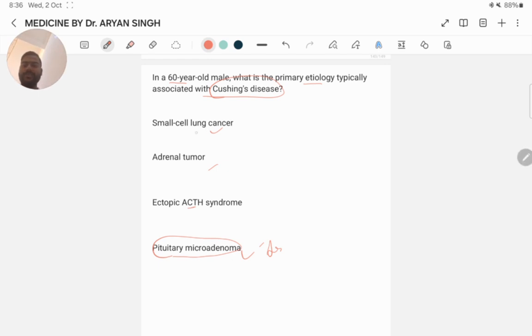If you look at small cell lung cancer, certain cancers, most notably small cell lung cancer, can produce ACTH or ACTH-like substance resulting in Cushing syndrome. However, especially in this age group, this is not the most common cause of Cushing disease. That's why the answer is the pituitary microadenoma.